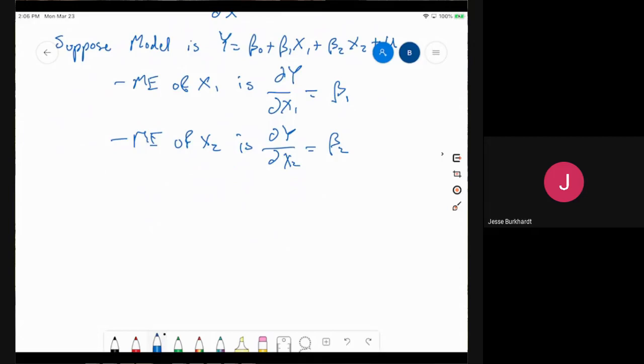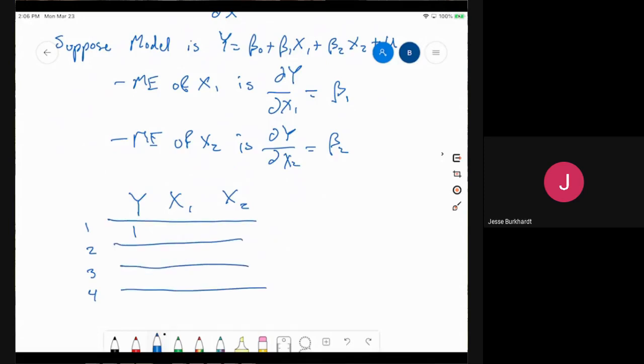Okay, so in our data set, we're going to have columns of data. We'll have y, x1, x2, and these are going to be columns with rows on the side, right? So row 1, row 2, row 3, row 4. Suppose this is a grid. We have values.